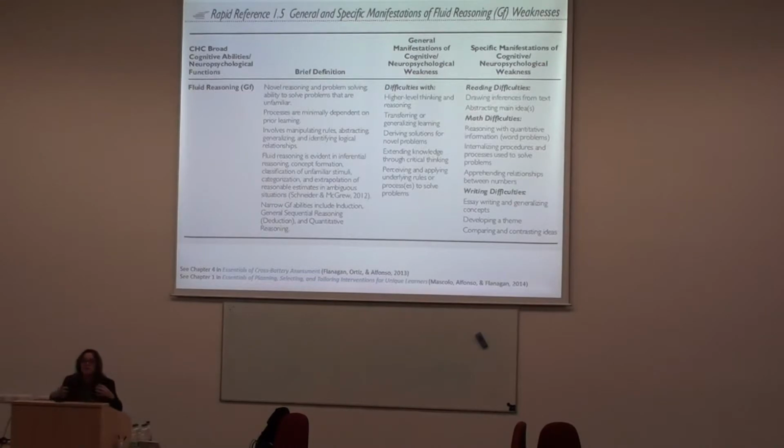And so these tables and the information in them are designed to get you to start thinking about, if I uncover a deficit in this area, what should I be looking for in terms of how that might manifest for a child in a classroom? And a teacher can work with you in trying to understand those manifestations.